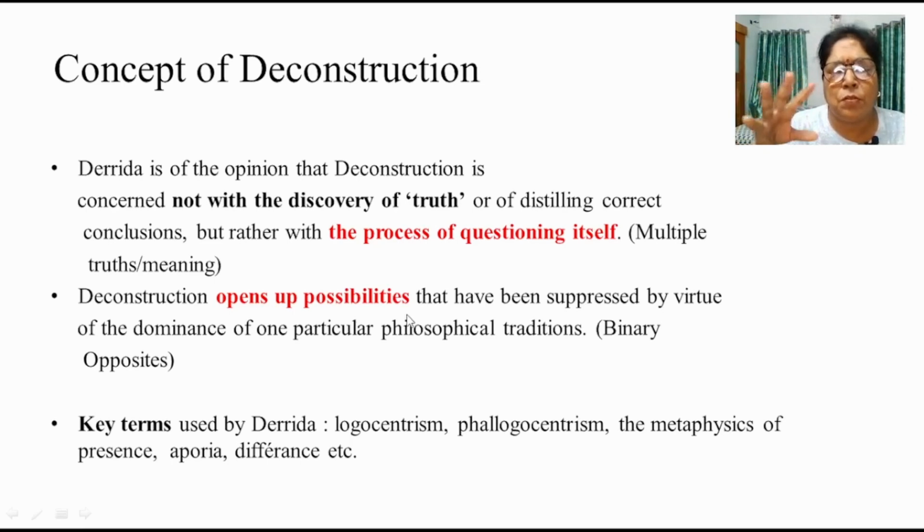Virtue of dominance, you may understand it like this. For example, you are studying a particular text, and the text has been interpreted by a number of critics, and they have pointed out certain things in that text, for example, patriotism. Someone has said that the text is related to patriotism. Another one is saying that the text is talking about the Indian families.